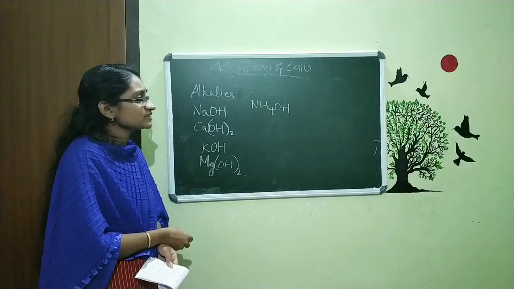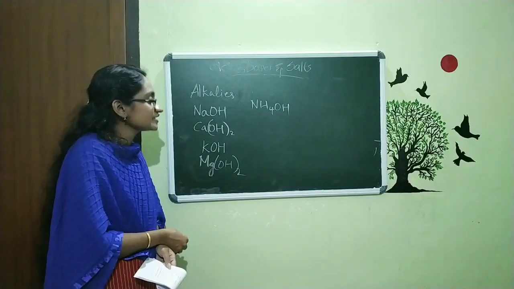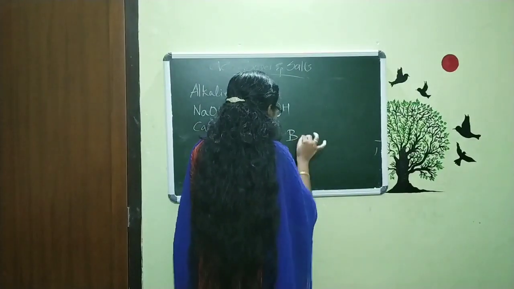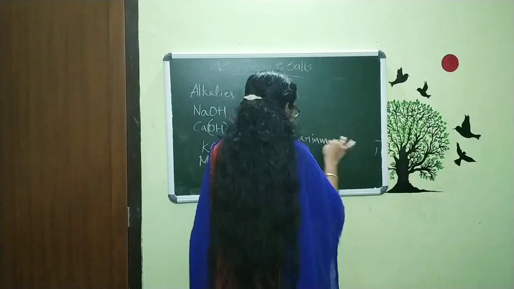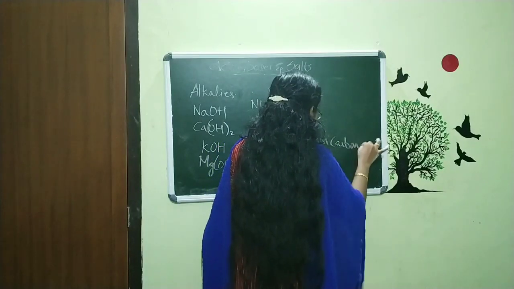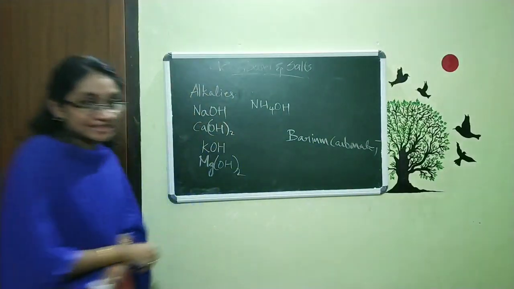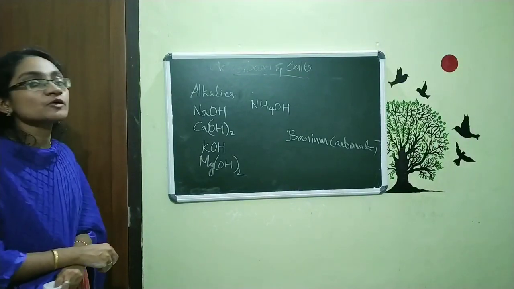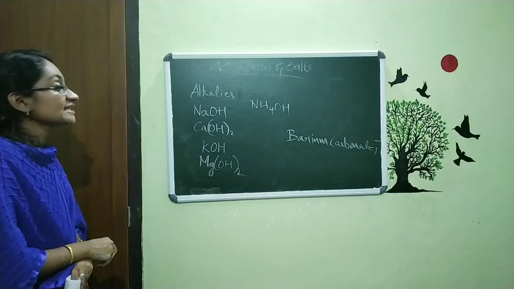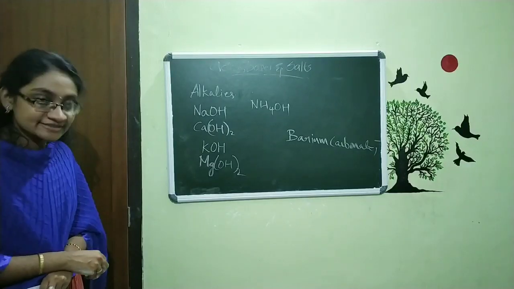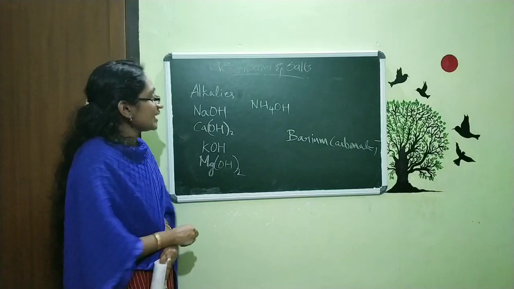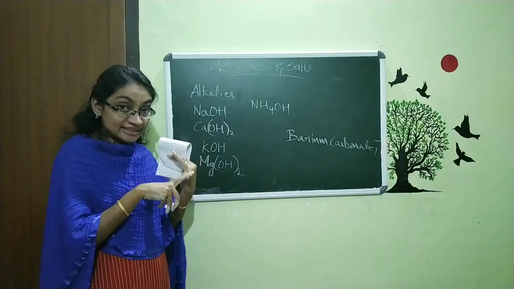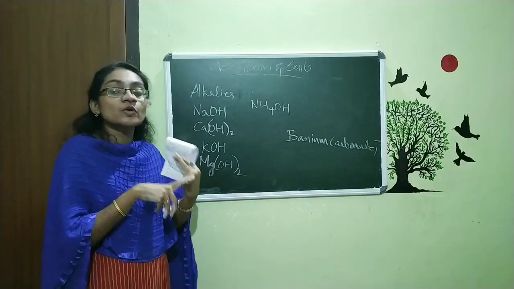And now we want to study one example which is not dissolved in water, and that is barium carbonate. Barium carbonate is one base which is insoluble in water, and so we can say it is not alkali. Very simple thing. So I hope it's clear. In this area you want to study what is alkali. Alkali is the base which is soluble in water.